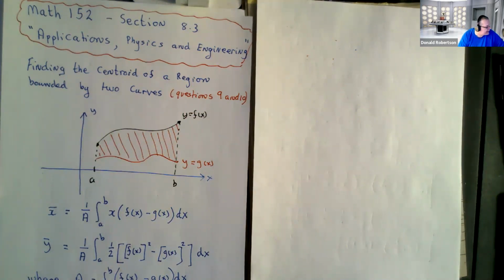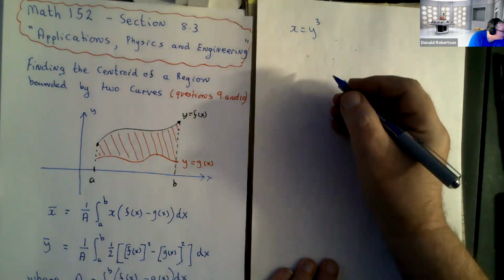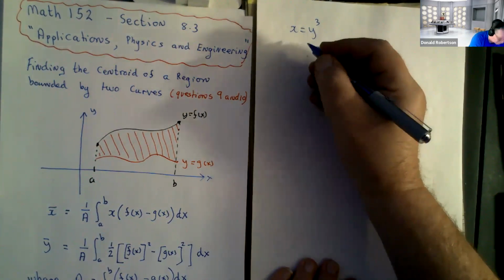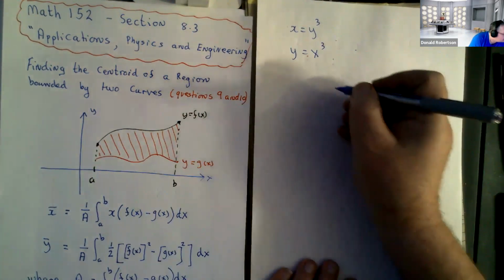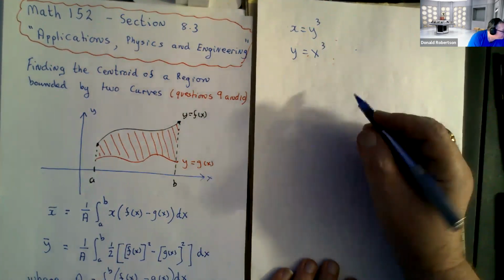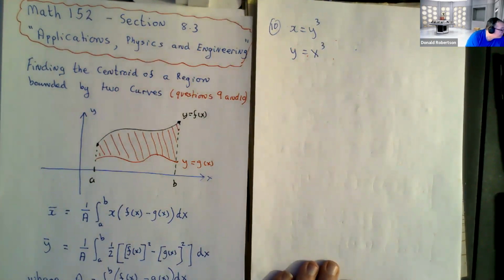And in question 10, the only thing you have to realise is that you're going to have to rewrite x equals y cubed, because you've got two functions, in a format that's going to lend itself well. So this is essentially the question 10 information, set up the integral in terms of x and you'd find the area, right?